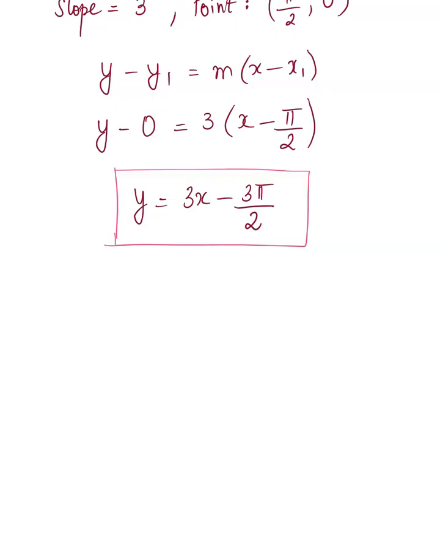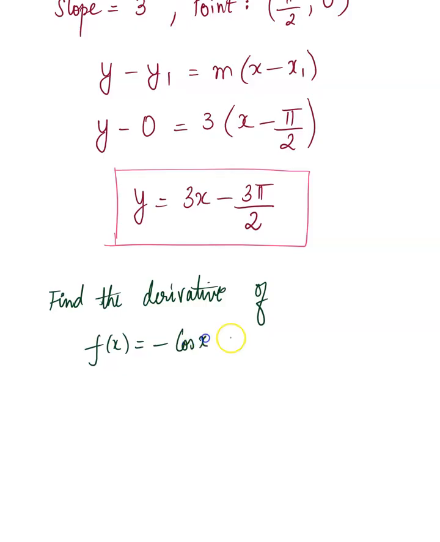Sometimes they can ask for the derivative at a point, but it's going to come as a trigonometric function. It's the same stuff. We're just seeing it in terms of trig. So if I had a question that said, find the derivative of f of x equals negative cosine x plus sine x at the point x equals negative pi over 2.